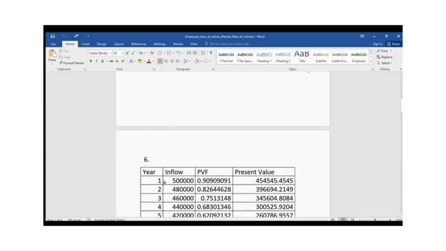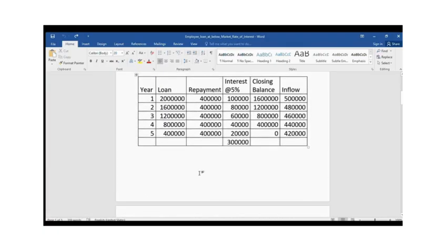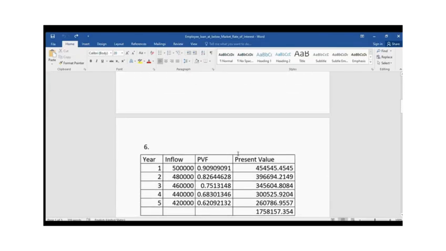Now we'll compute the inflows, which are 5 lakh, 4 lakh 80,000, 4 lakh 60,000, 4 lakh 40,000 and 4 lakh 20,000. Now we'll compute the present value of these inflows. The present value of the first inflow is 5 lakh into the present value factor. The market rate of interest is 10%.